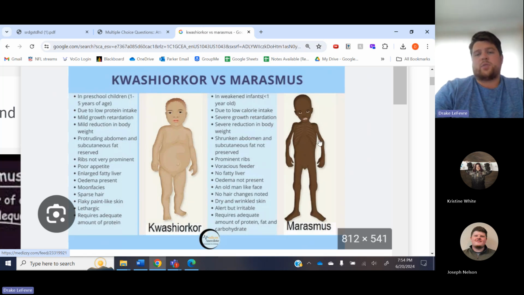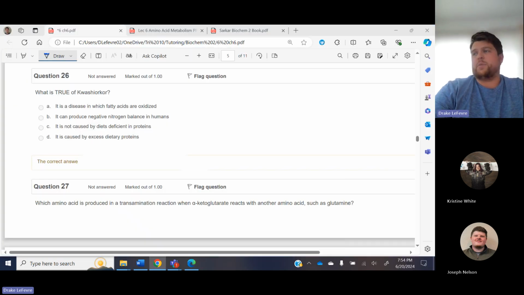Whereas with marasmus, where they don't have enough calories or protein, they get completely skinny. The child overall looks okay meat-wise on their bones, but usually they'll have the distended belly that just makes kids look sick. And if it's a calorie issue as well, they'll literally be skin and bones.